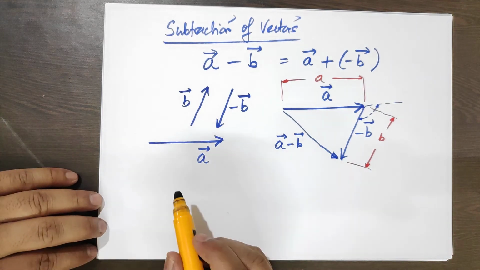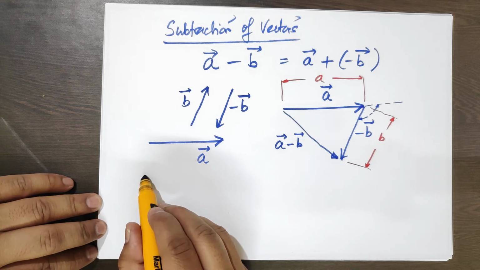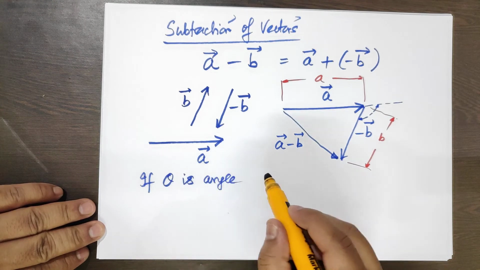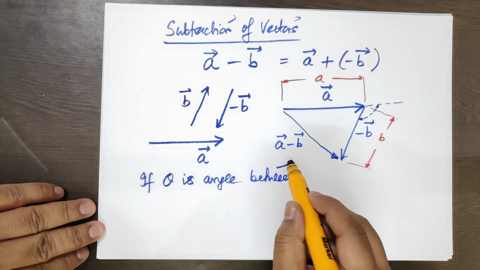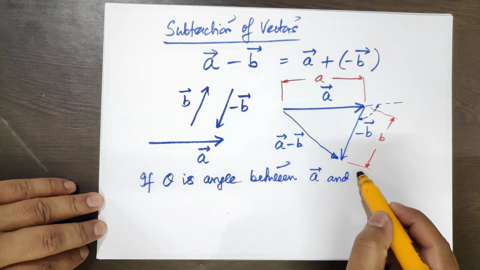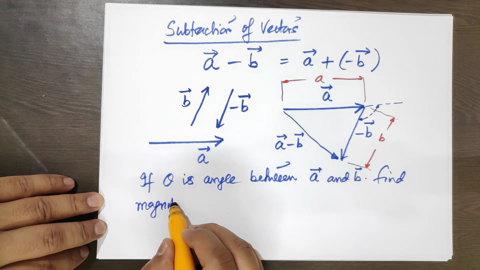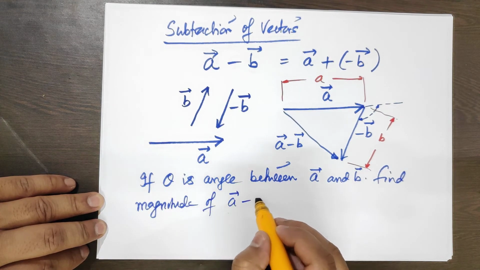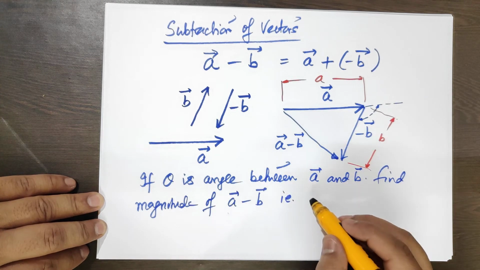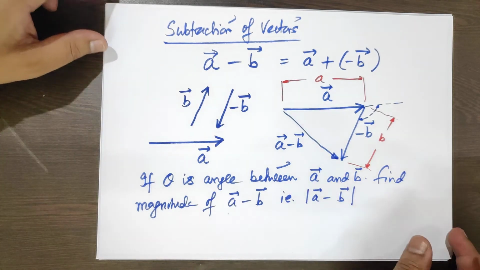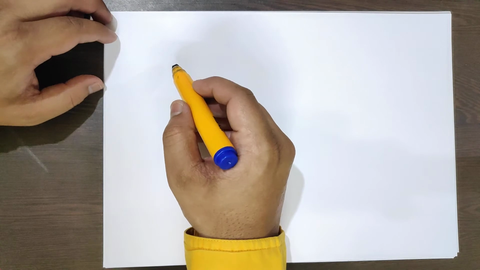Now suppose you have been asked, if theta is the angle between A and B, find magnitude of A minus B. Or it can be asked like this, find mod of A minus B. That is good enough. Mod means magnitude of the vector A minus B. So A and B have angle theta between them.